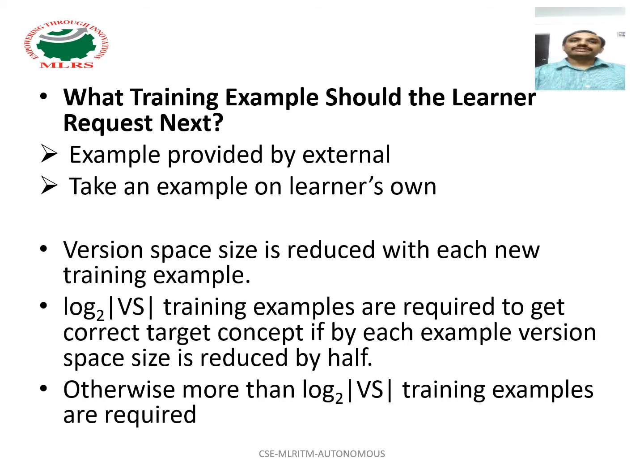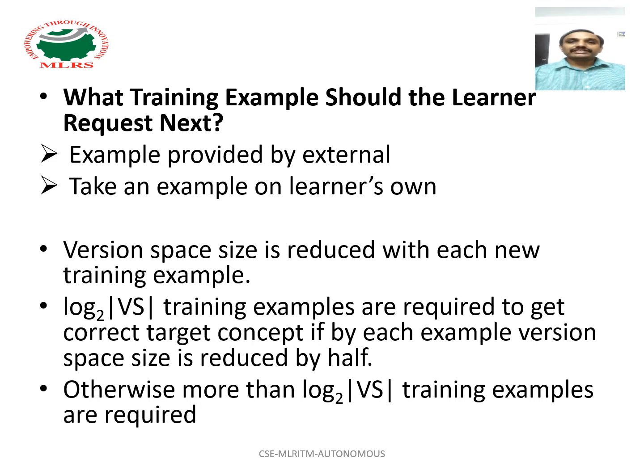So the version space size is reduced with each new training example. In this scenario, we have to consider how many training examples are required to get the correct target concept. That depends on how your version space size is reduced.